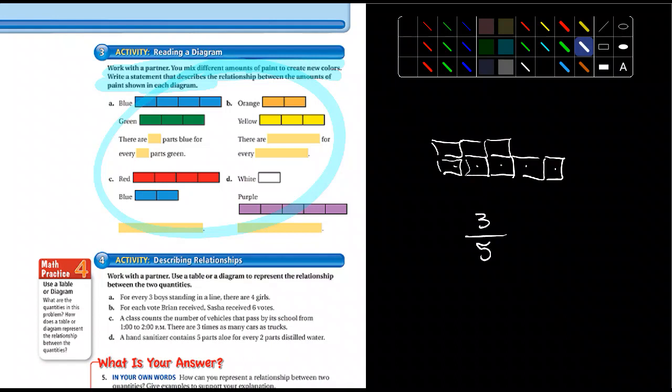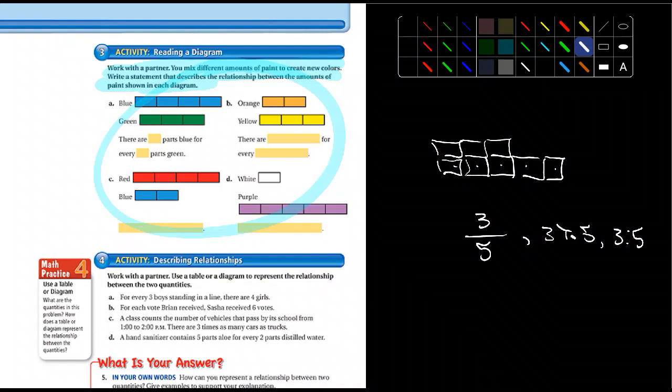Or I might write 3 colon 5, which is the same thing. All those mean the same thing. They're talking about ratios. All right?